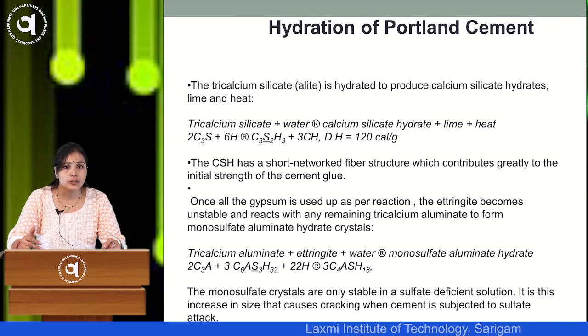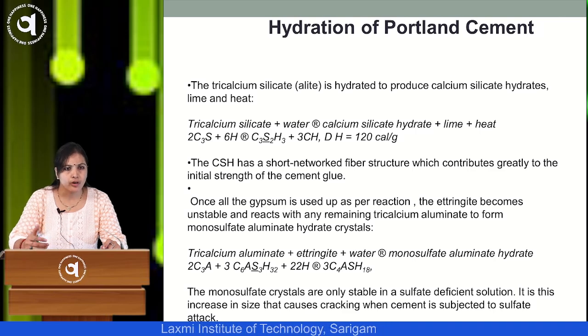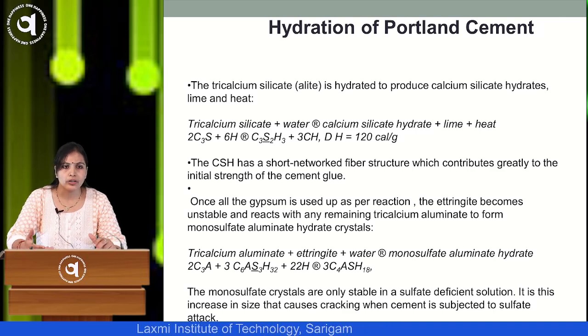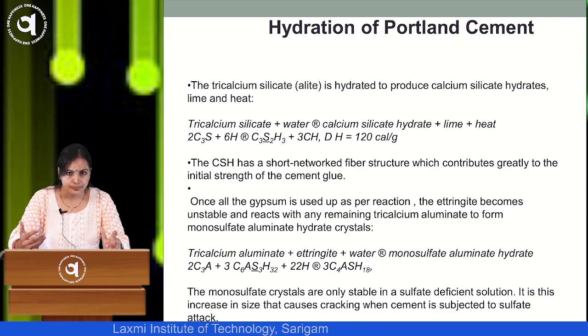Once all the gypsum is used up in the reaction, the ettringite becomes unstable and reacts with any remaining tricalcium aluminate to form monosulfate aluminate hydrate crystals. You only have to understand what it forms when it reacts.